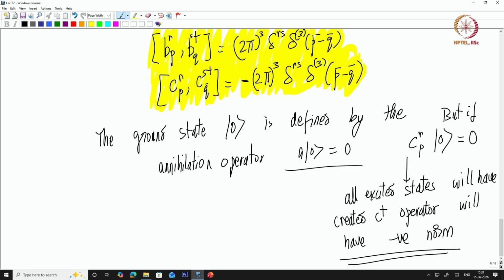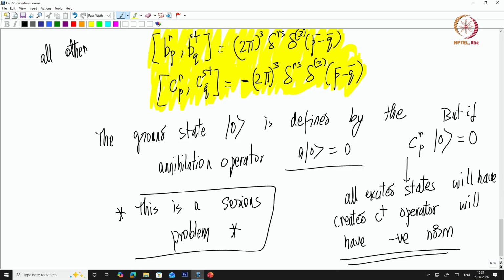This is a serious problem. You do not want to have states with negative norm in quantum mechanics, or in quantum field theory.